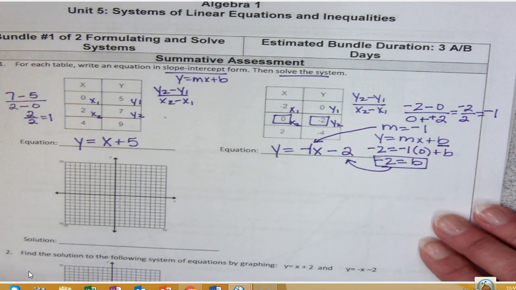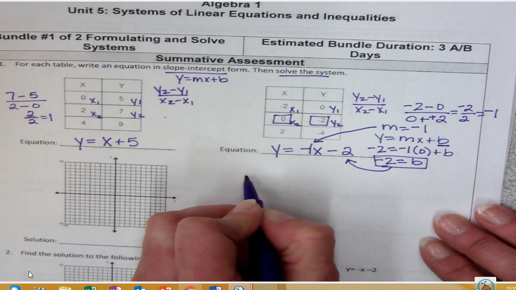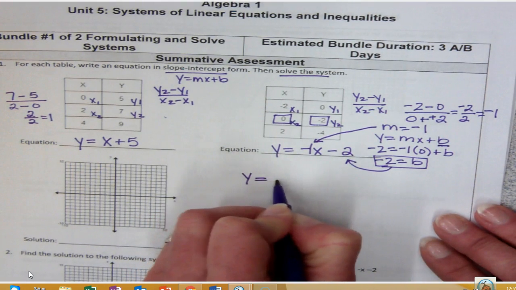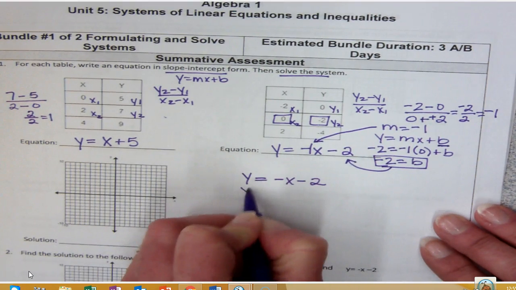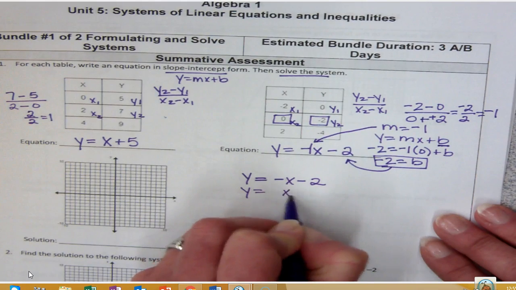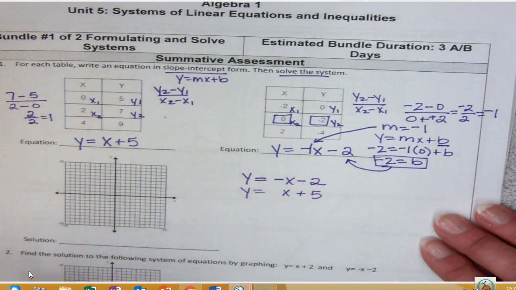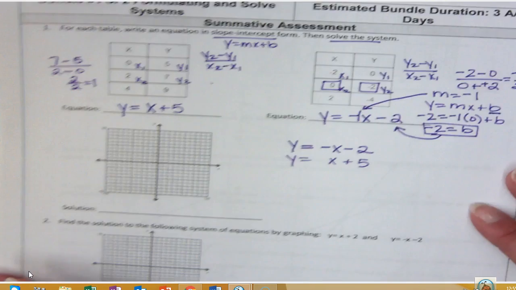Okay, so in order to solve it, I can do one of two ways. I can either use elimination or I can use graphing. So either one would work. I can do it both ways, but I'll show you how graphing works.